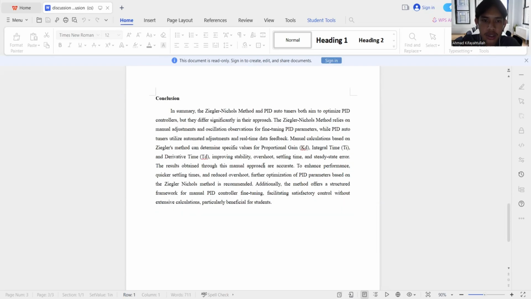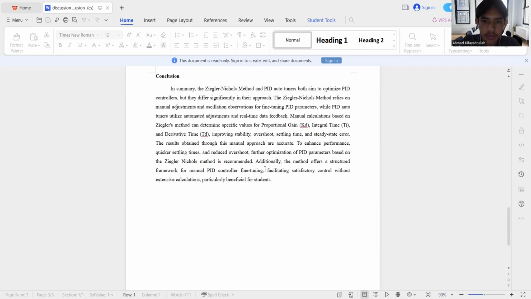Manual calculation based on the Ziegler-Nichols method can determine specific values for proportional gain, integral time, and derivative time. Additionally, the method offers a structured framework for manual PID controller fine-tuning, facilitating satisfactory control without extensive calculation, particularly beneficial for students.